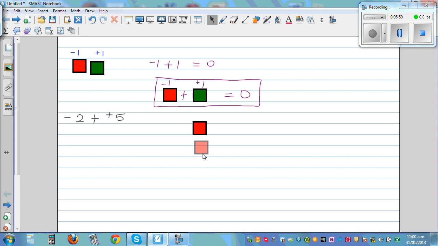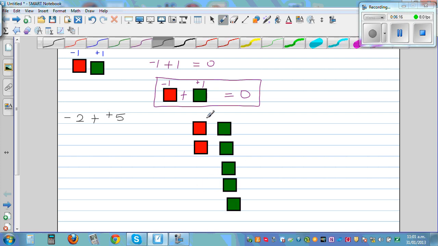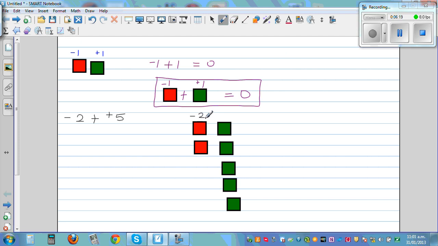You need 2 red tiles, and you're adding 5 green tiles. So you got 1, 2, 3, 4, and 5. This is your negative 2, and you're adding it to positive 5. So this is your positive 5.